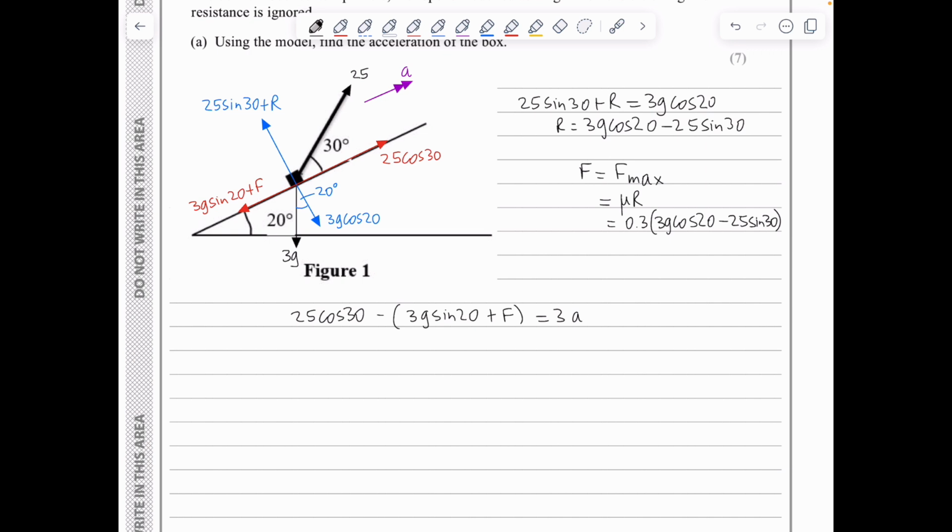So 25 cos 30 minus 3g sine 20 minus F, which was found to be 0.3 times 3g cos 20 minus 25 sine 30, and all of it divided by 3 will give me the acceleration. Plug everything into the calculator, we get a value for a of 2.35, and that's meters per second squared.